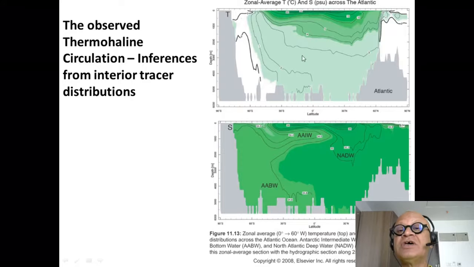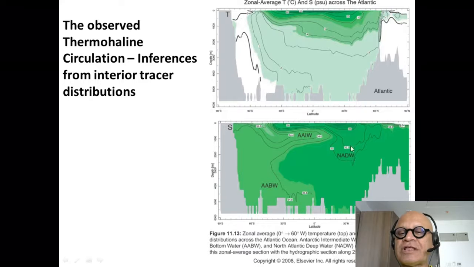Okay, so here is something we have seen again and again, the zonal mean meridional section of temperature and salinity, and you can identify various water masses in salinity here.